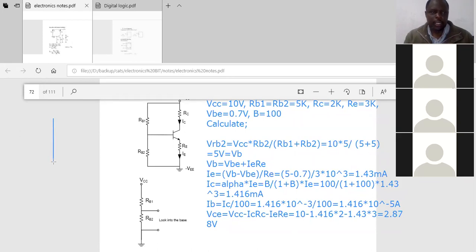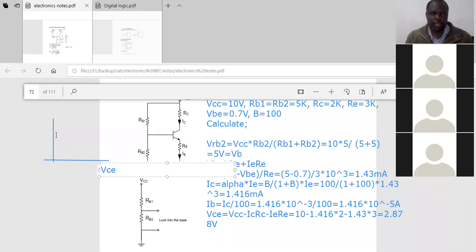According to the output characteristics, where we have VCE here, I think it is in the active region. Yeah, it should be in the active region, that's correct.